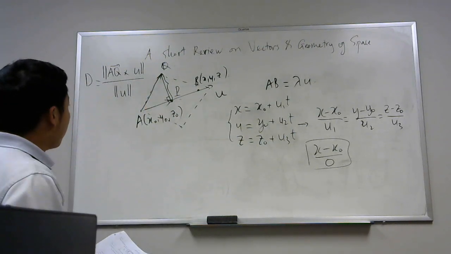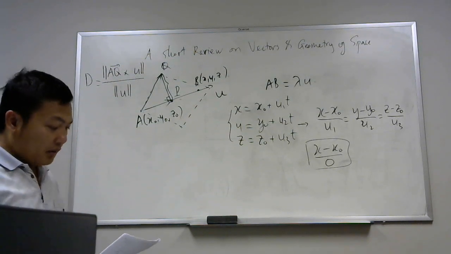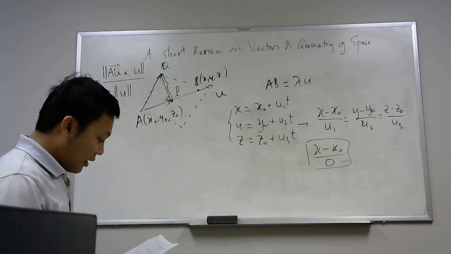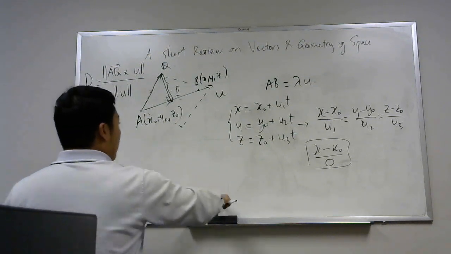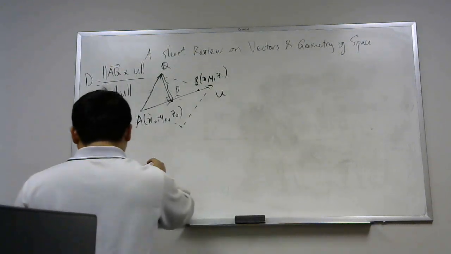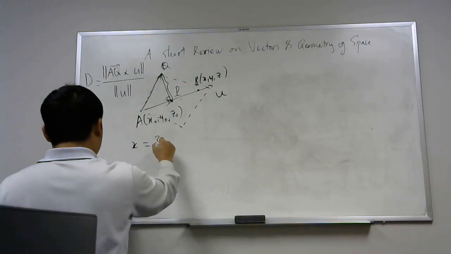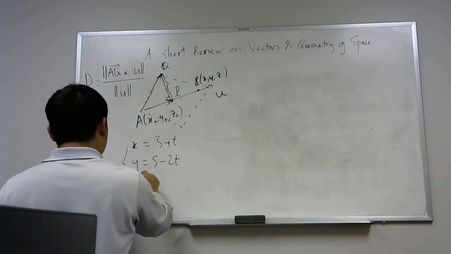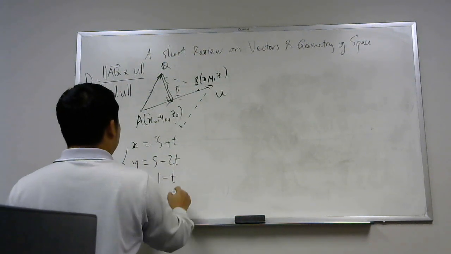All right, so probably I will not solve any problem, just a very short review for you, or maybe we can do an example. Let's say I have this straight line, x equal to 3 plus t, y equal to 5 minus 2t, and z equal to 1 minus t.